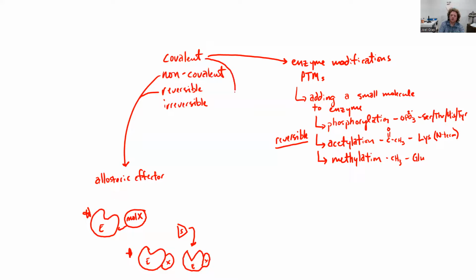Now, there are also covalent modifications that are irreversible. An example of this would be something like a protease, or proteases. These are enzymes that like to cut peptide bonds. And as they cut these peptide bonds, they effectively kill an enzyme. So a protease is an enzyme that targets other enzymes and other proteins, which might sound a little bit strange or cannibalistic, I guess.